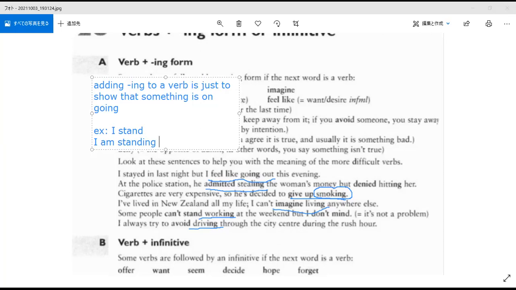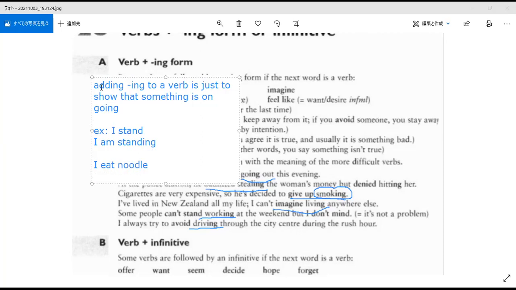What else? Jadi I eat noodles. Itu kan saya makan noodle ya.